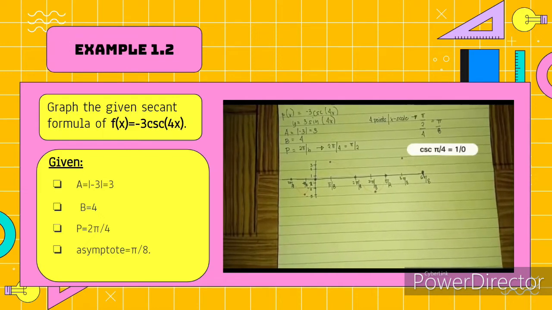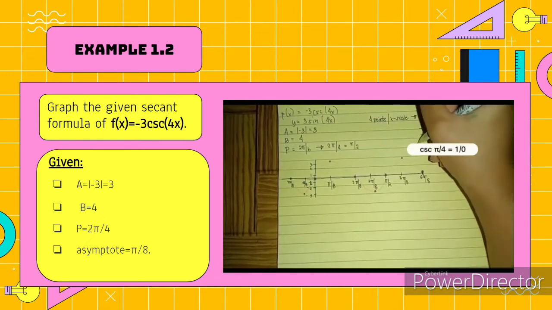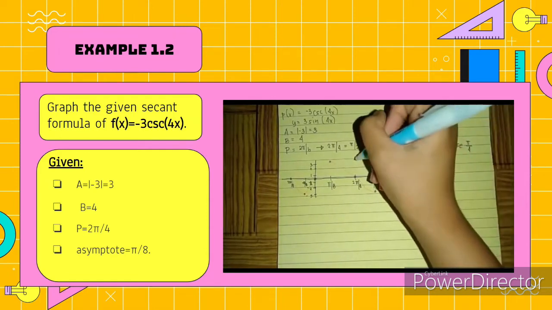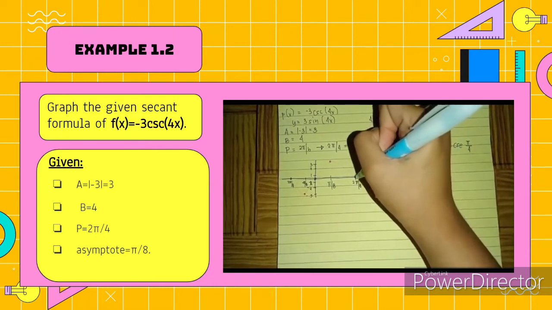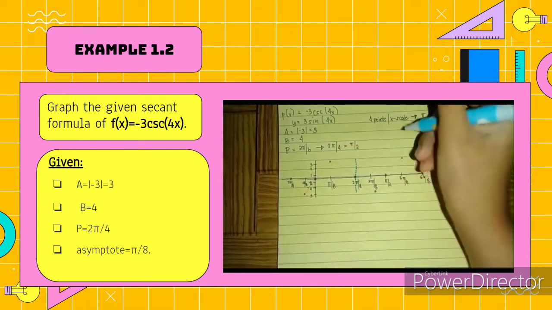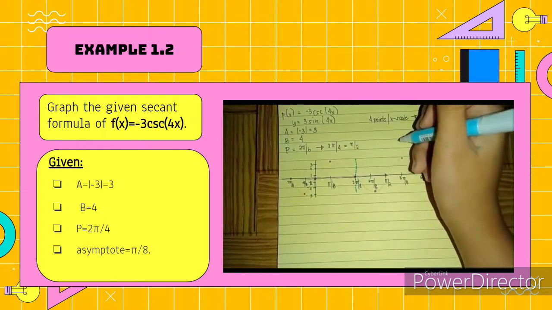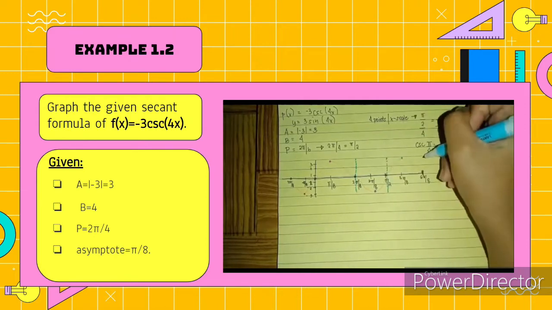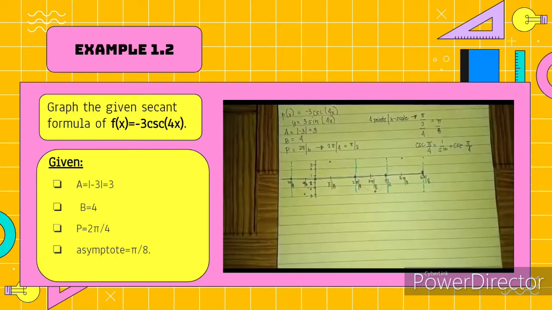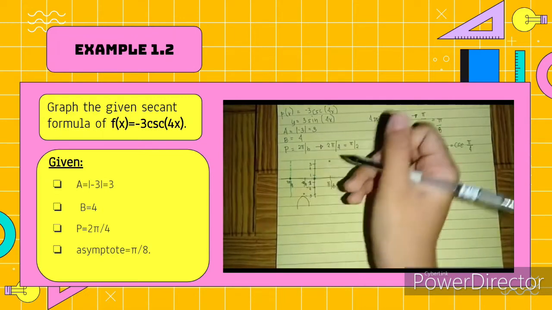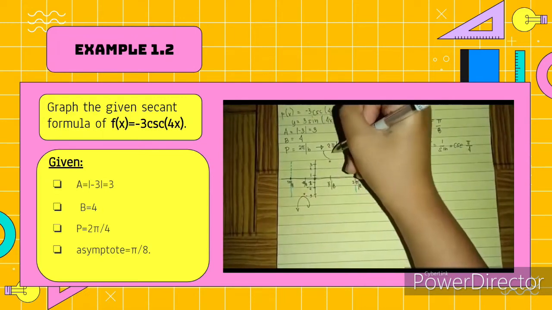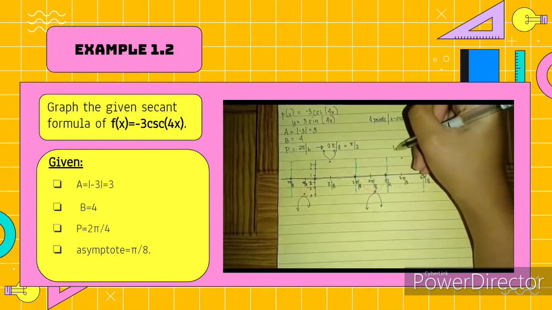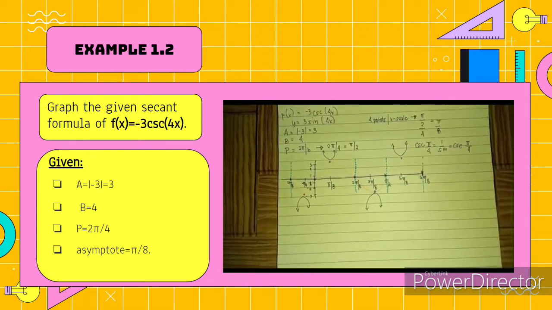In this graph, cosecant of pi over 4 is equal to 1 over 0. Since the value of x is equal to 0, the value of y is also 0. So therefore, in the cosecant graph, in every x-intercept, we have the asymptotes. To let you know, the blue dashed line represents the asymptotes of this graph. And now, to finish the graph, all we are going to do is take the max and the min. So this is how the graph looks like.